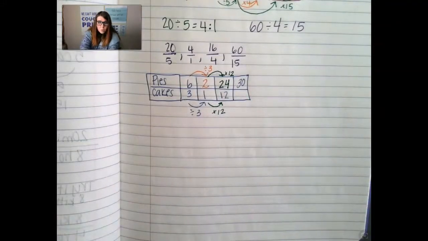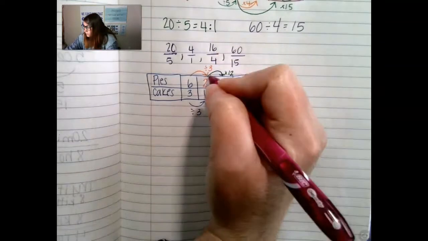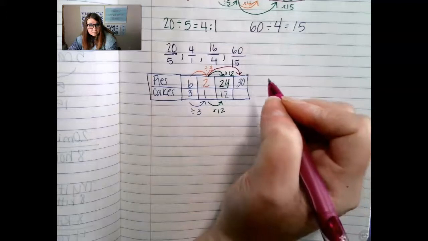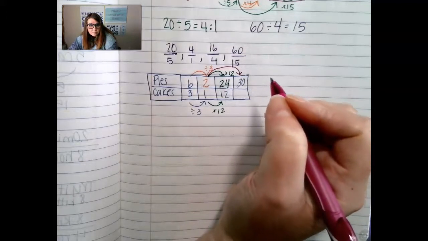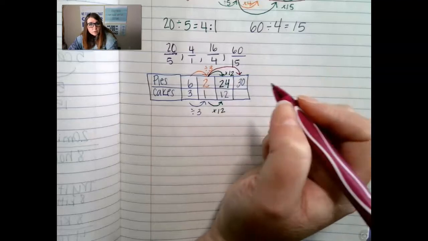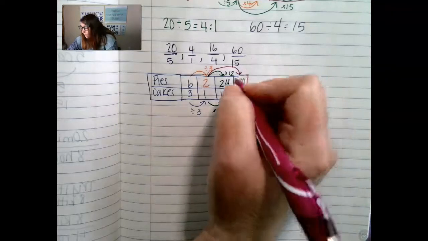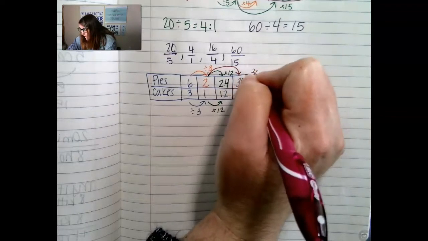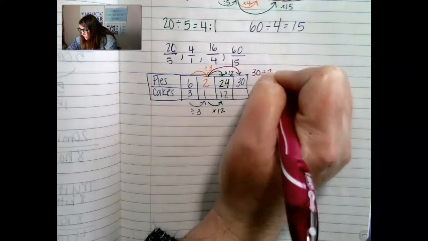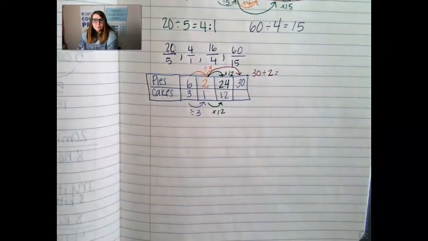Now I want to know, how do I go from 2 to 30? How do I go from 2 to 30? Well, if I don't know that off the top of my head, I could ask myself, what is 30 divided by 2, or half of 30?